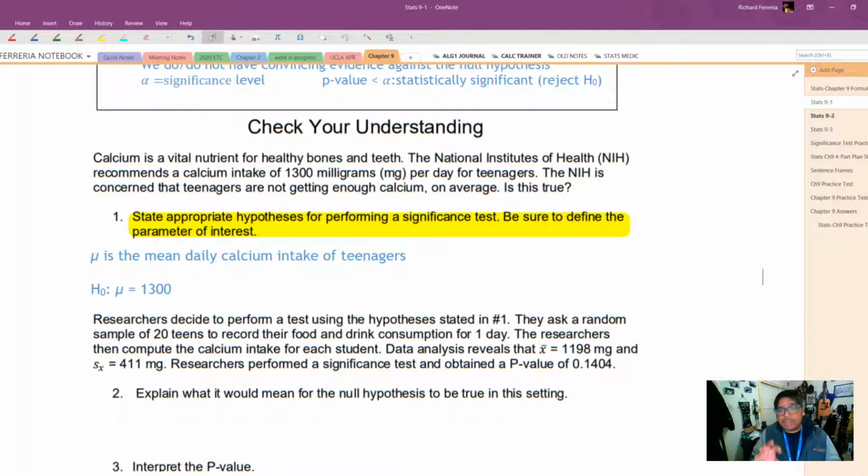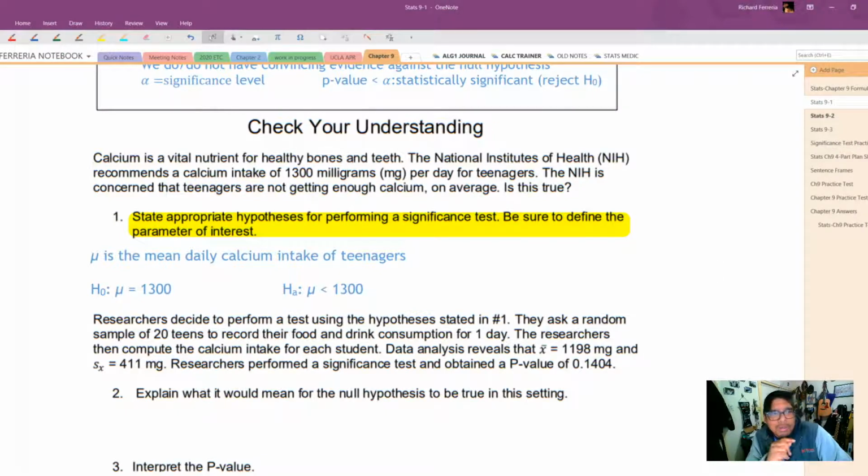So we're going to start by assuming that the calcium intake for teenagers actually is 1300. And if we do all of our experimenting, then hopefully we're going to show that mu is less than 1300. So that's how that number works. We start off by assuming that the thing that we want to prove is not true. It's kind of like you have the burden of proof.